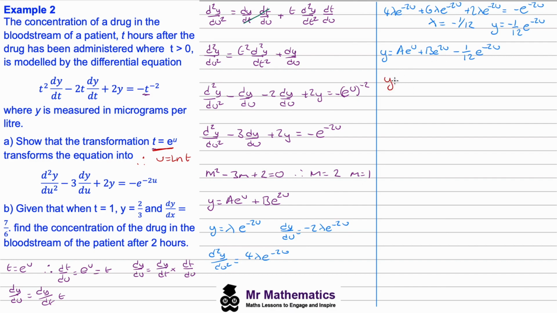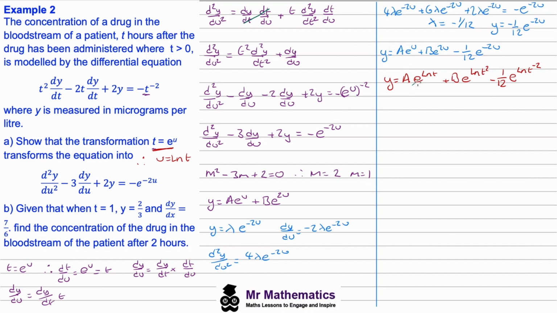So y will equal e to the natural log of t plus b e to the natural log of t squared. So I'm bringing this power up using the power rule, minus 1/12 of e to the natural log of t to the negative 2.